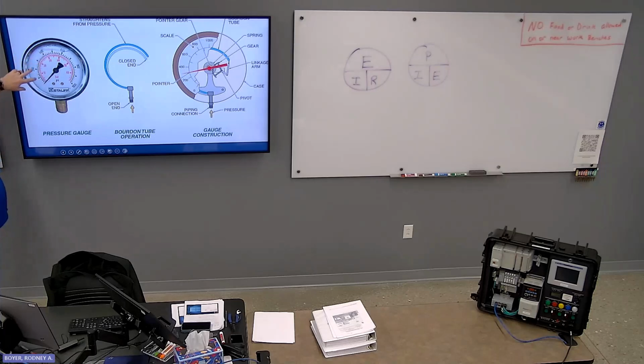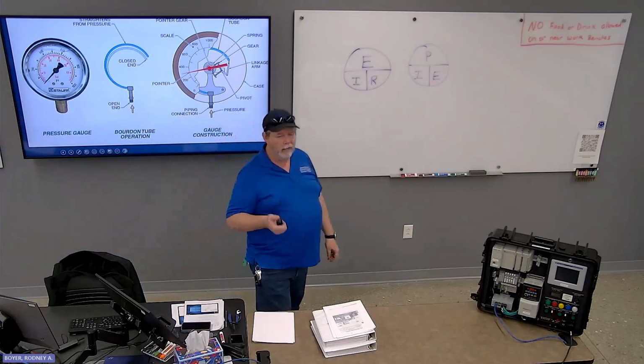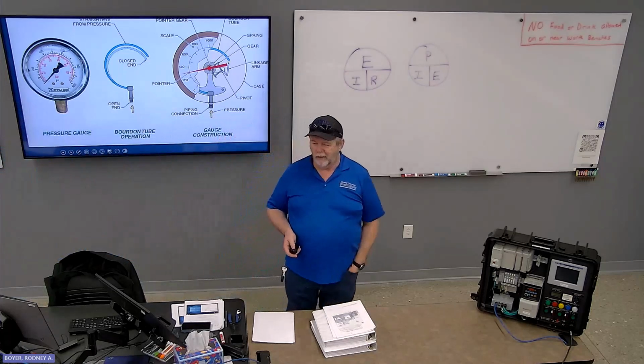So it's 100 from there to there. How much is each one of those graduations? 20. You got 120, 140, 160, 180, 200, so on. Okay. Some of you guys had problems with that when we did the lab last week.